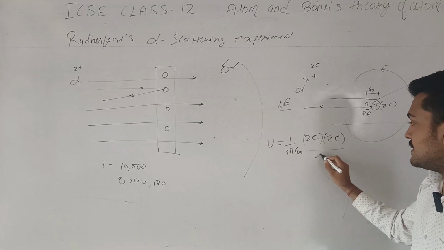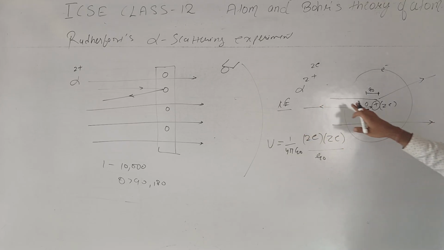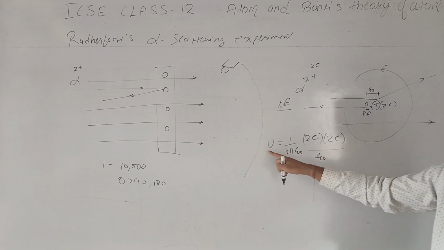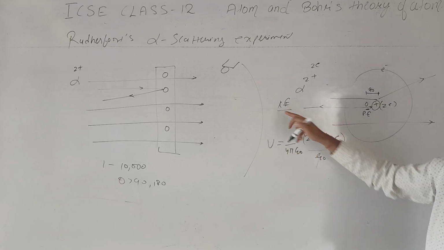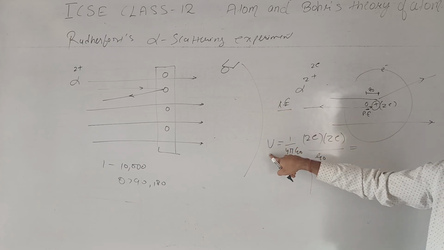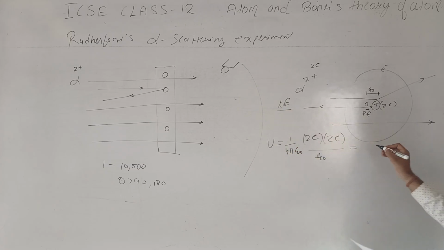And r is the distance between the alpha particle and the nucleus, which is the distance of closest approach. So this is the potential energy, and the whole kinetic energy has been converted into this potential energy.